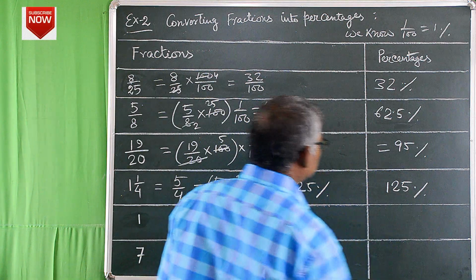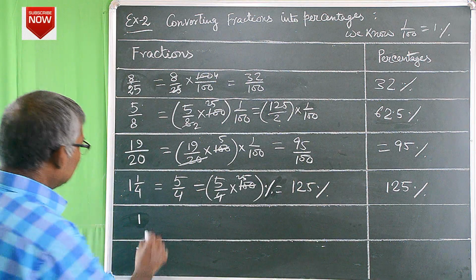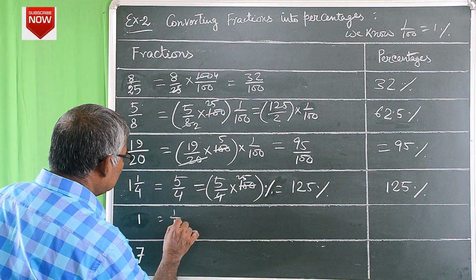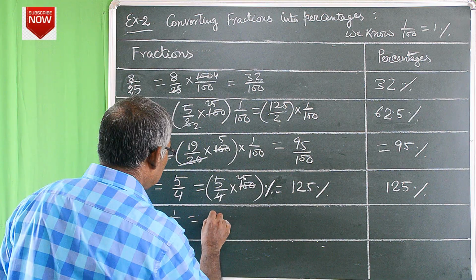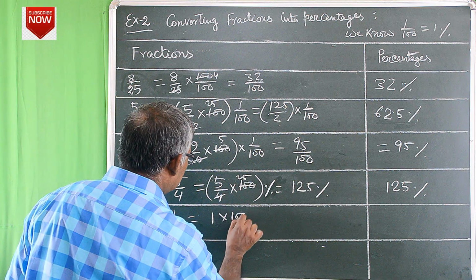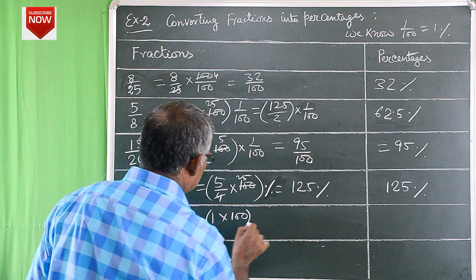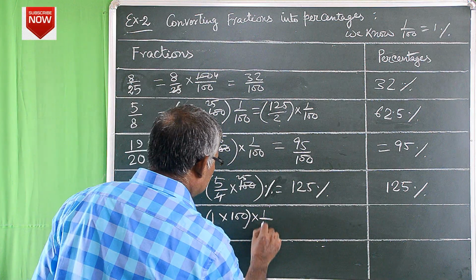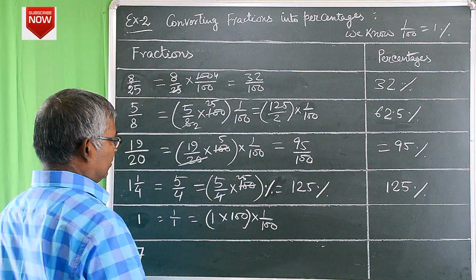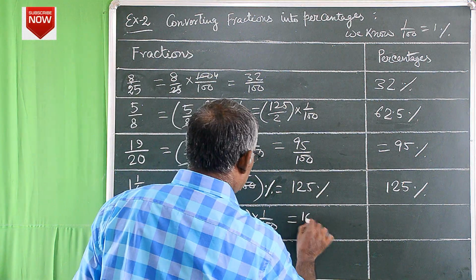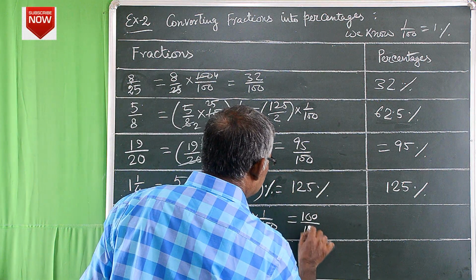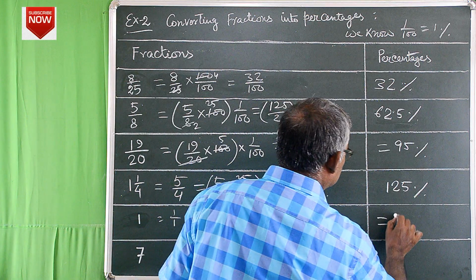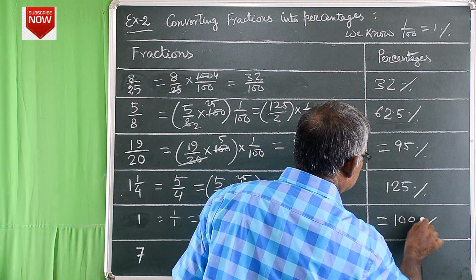So it is 125%. Students, here 1 can be written as 1 by 1 equals 1 into 100 into 1 by 100, that is 100 by 100, equal to 100%.